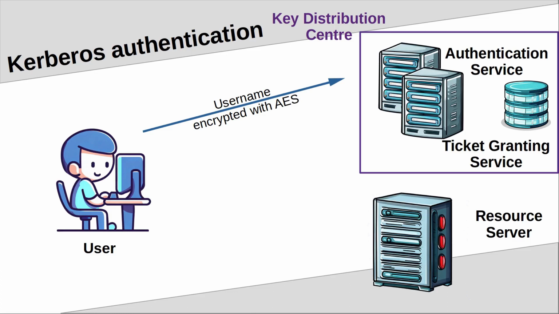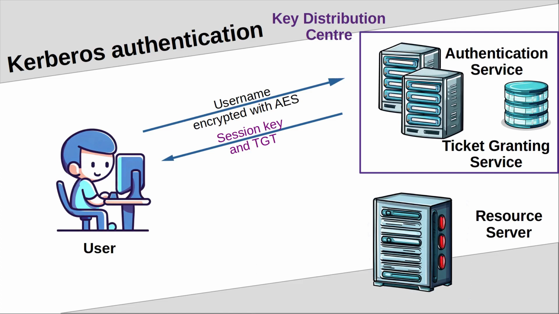And here's an explanation of how Kerberos authentication works. The user enters their username and password. The username is encrypted using AES, which is then transmitted to the Key Distribution Center. The username is verified by the Key Distribution Center, who then generates a symmetric session key, which will be used by the client and the Kerberos server.